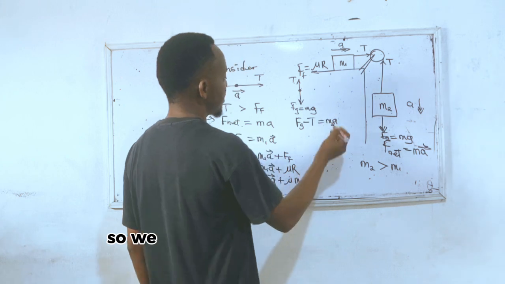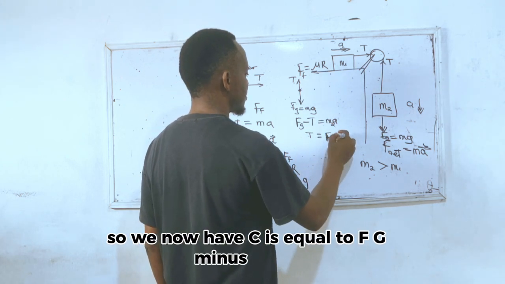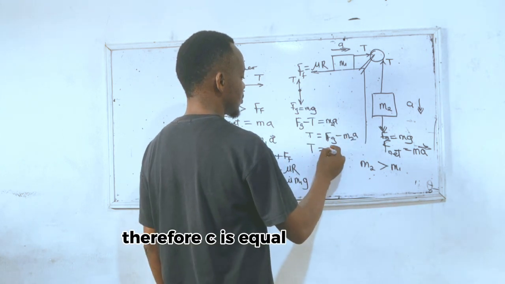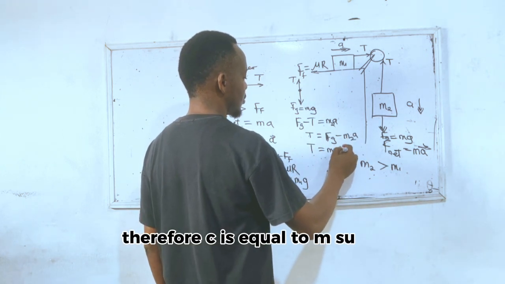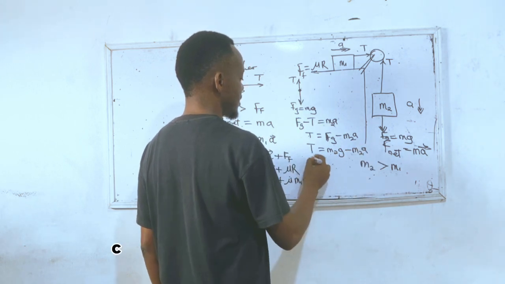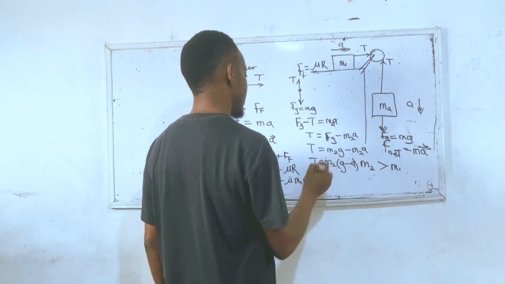So we now have T is equal to Fg minus m2a. Therefore, T is equal to m2g minus m2a. So T is equal to m2 times g minus a.